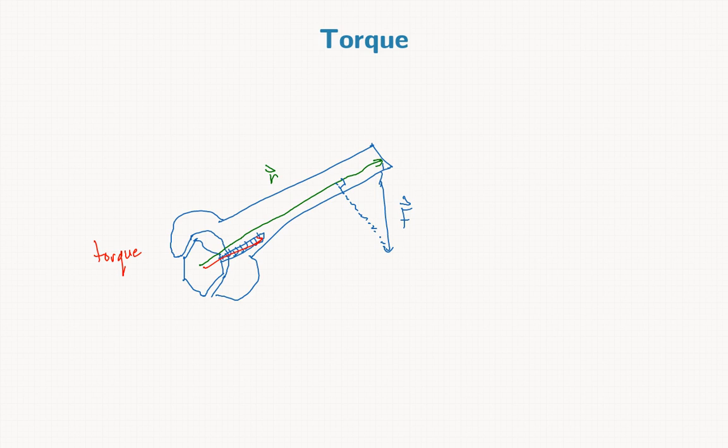So this length here, this orthogonal component, if we call this angle theta, will be length f sine theta.